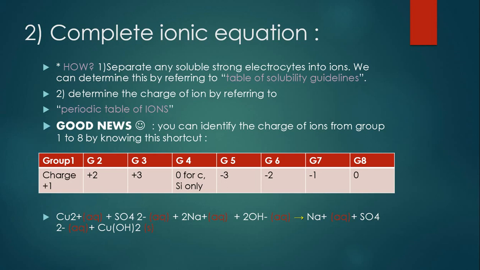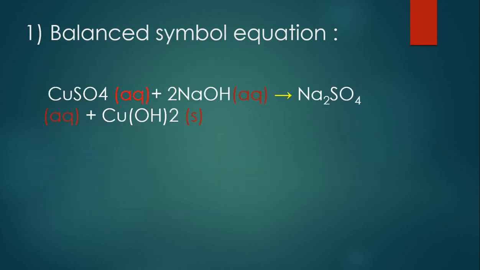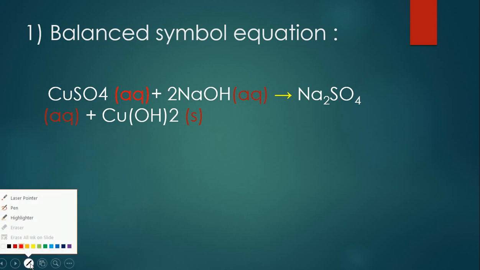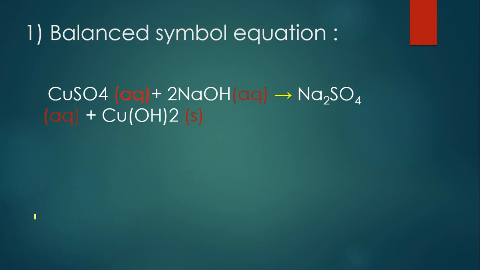We can determine this by referring to a table of solubility guidelines. As you see in this balanced symbol equation, all I need to do is separate these electrolytes into the ions.